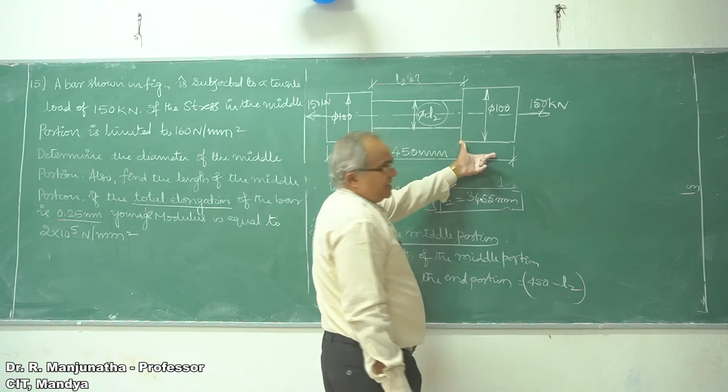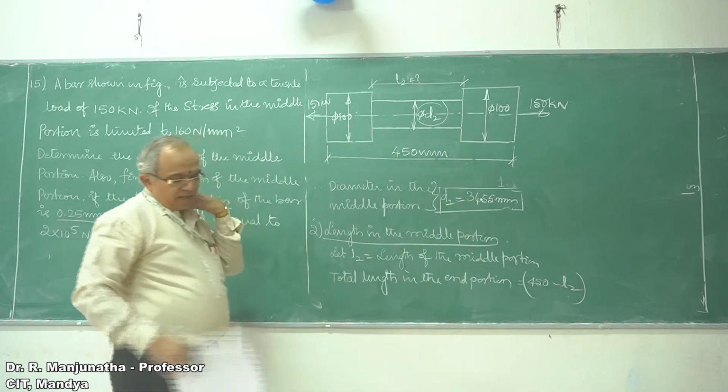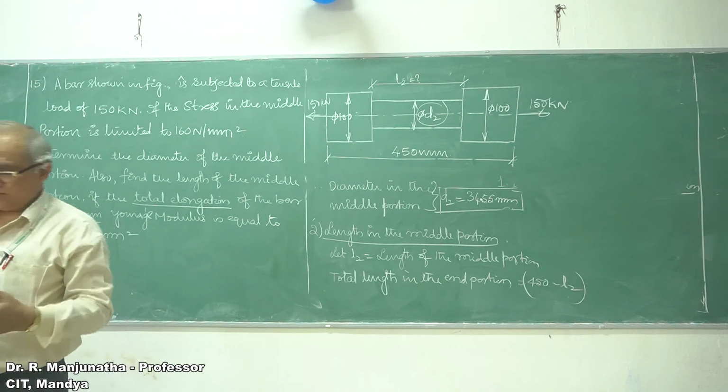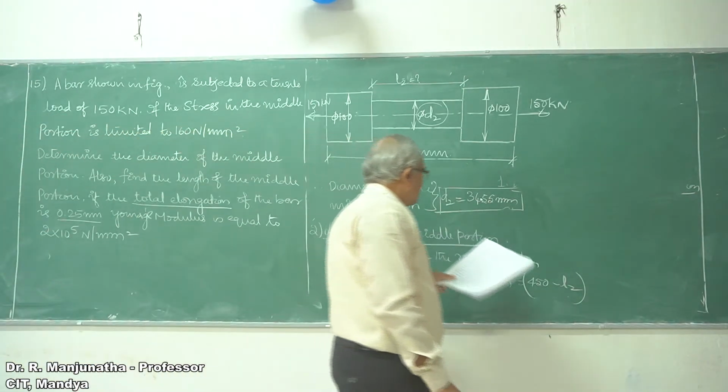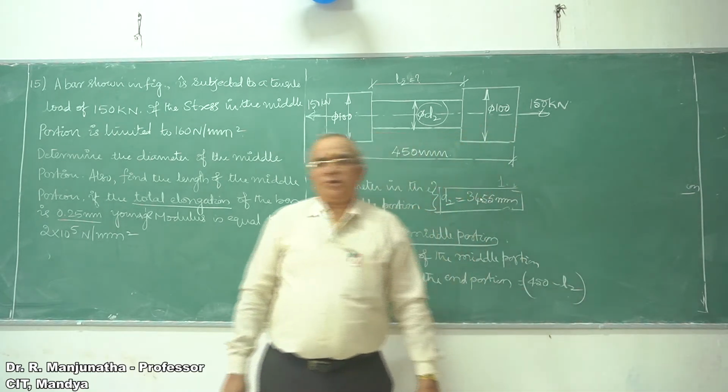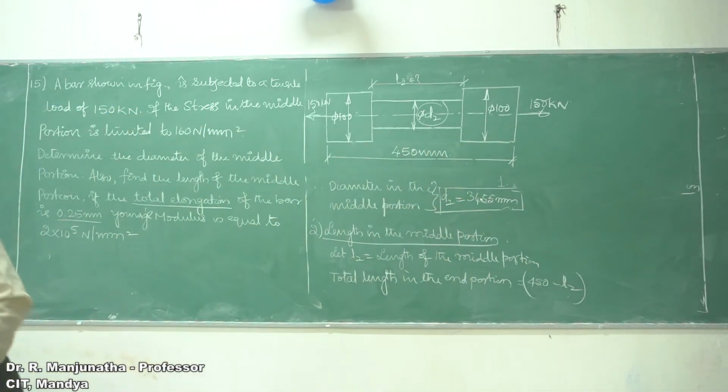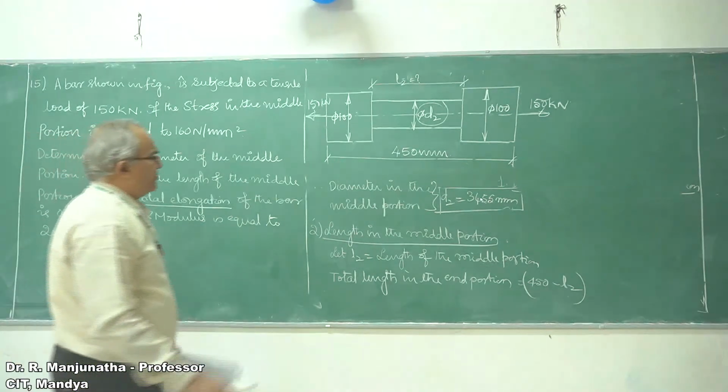as well as this distance, both. So that is the reason why it is the total length in the middle portion. Now we are going to apply the formula. The total extension will be equal to the individual extension of each bar.